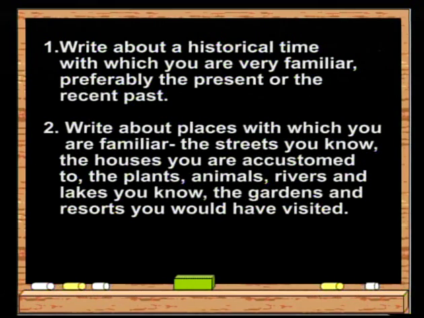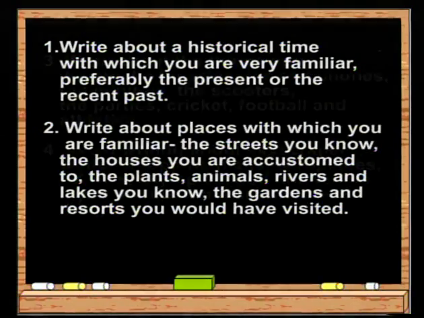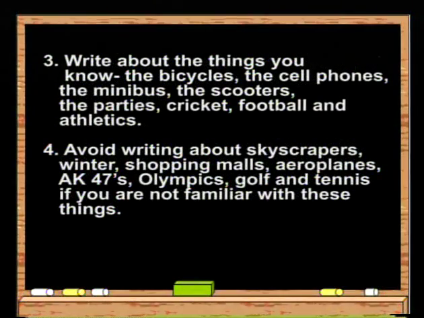Write about places with which you are familiar, the streets you know, the houses you are accustomed to, the plants, animals, rivers and lakes that you know, the gardens and resorts you would have visited. Write about the things you know, the bicycles, the cellular phones, the minibus, the scooters, the parties, cricket, football and athletics.